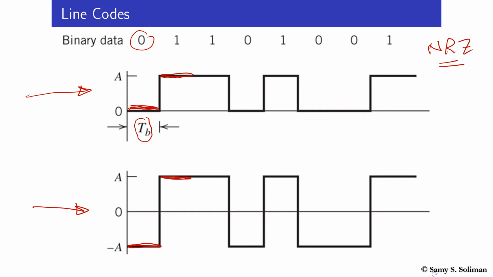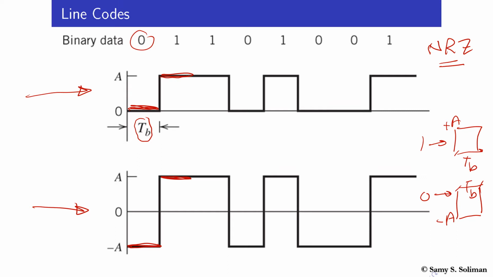So it is as if we are representing bit 1 with a rectangular pulse, which has an amplitude of positive A volts and duration of TB, while bit 0 is represented by a rectangular pulse, which has a magnitude of negative A volts and also a duration TB. So we have two polarities, so it's polar representation.